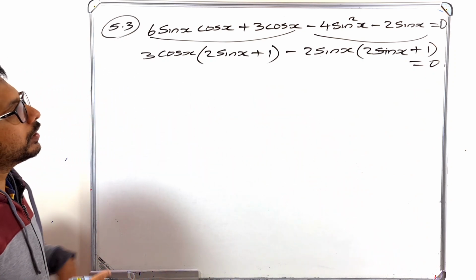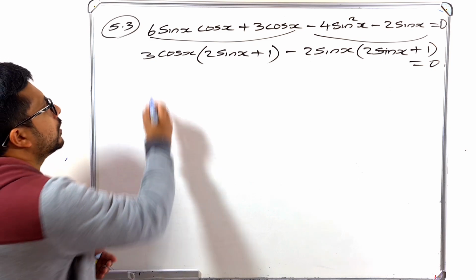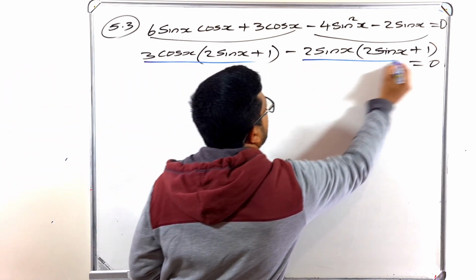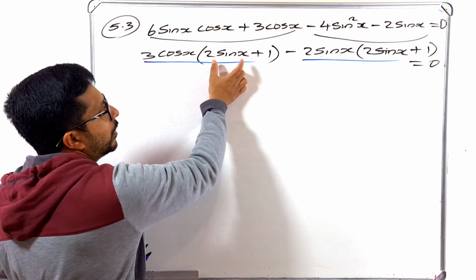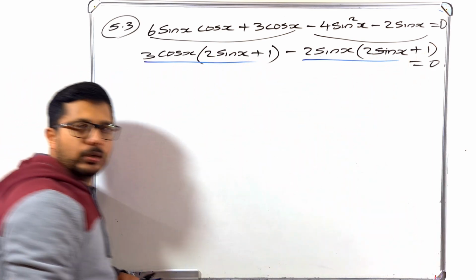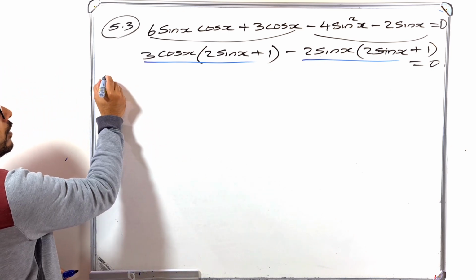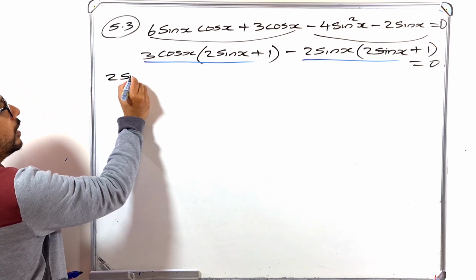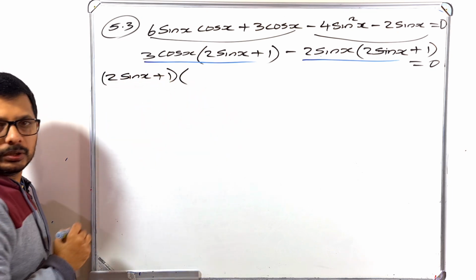So now look at these terms. How many terms are there now? Two terms. This is one term and this is the second term. From those two terms you can see that 2 sin x plus 1 is a common factor. So next step, we take 2 sin x plus 1 as the common factor.